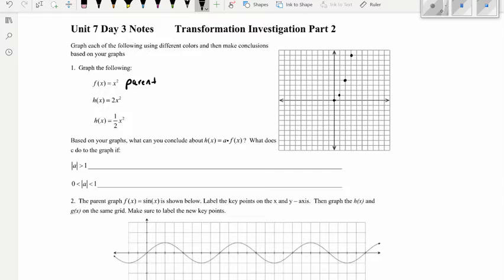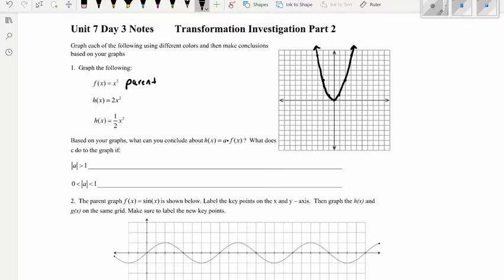And of course, if we do the negative side, negative 1 squared is 1, negative 2 squared is 4, and negative 3 squared is 9. So this gives us our quadratic function, which makes our parabola shape. So that's our parent graph.